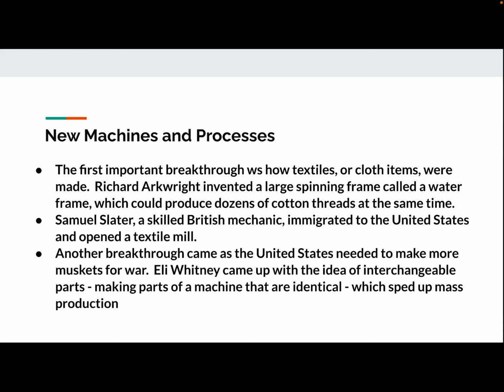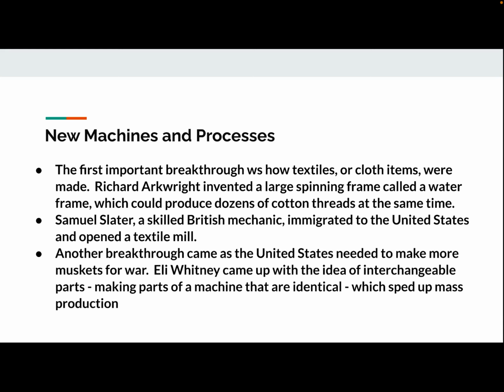Are we good? Okay. So Britain had more skilled workers than the United States, which allowed for lower cost of production and lower prices. It makes sense.